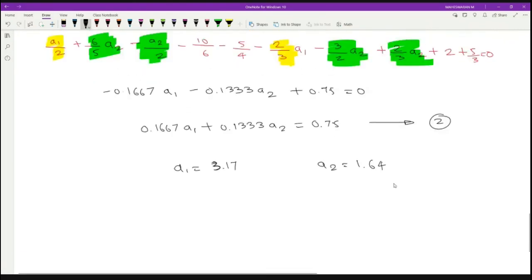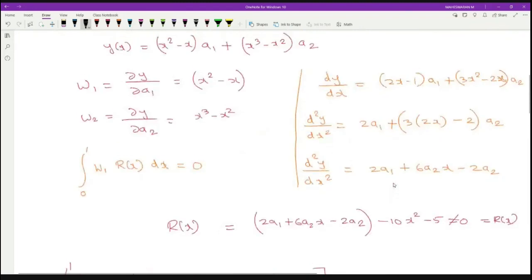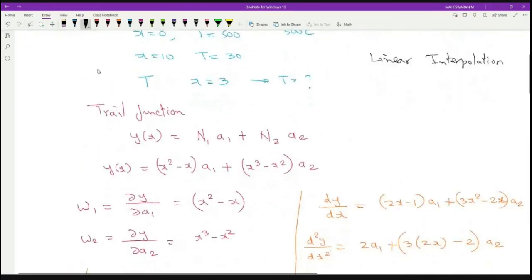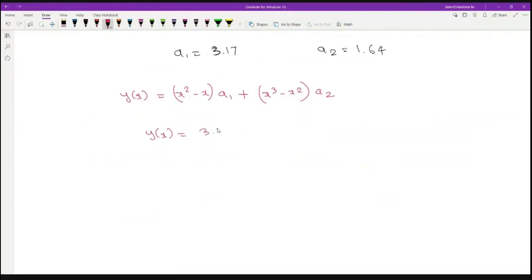Yeah, right. So now I can substitute it in my equation. What is my equation? This is my equation, right? So 3.17 of x square minus x plus 1.64 of x cube minus x square. So this is my answer, right? Any doubt in this? No, sir.